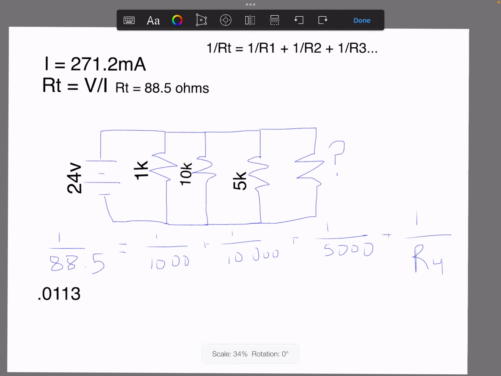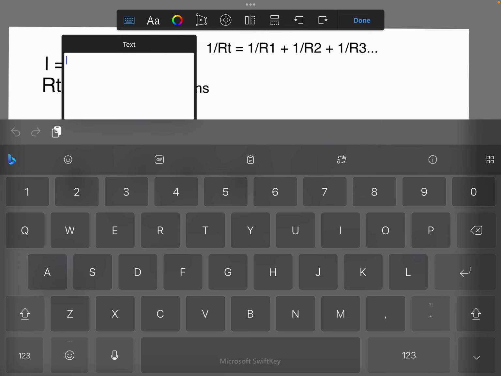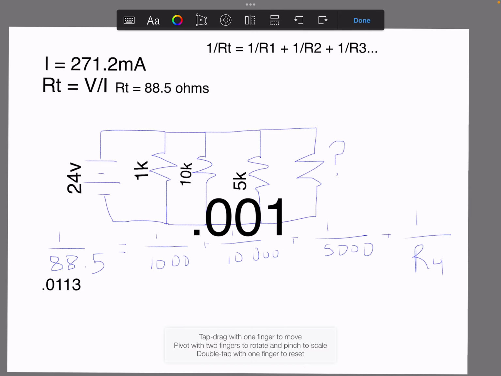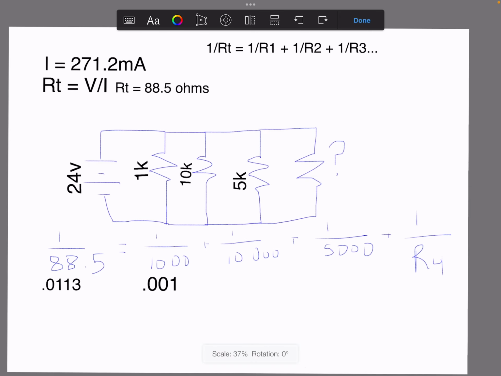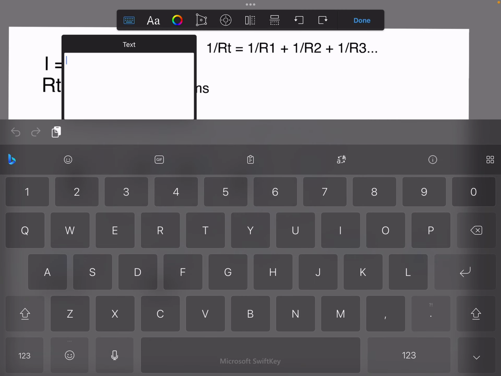So that's 0.0113. 1 divided by 1,000 is an easy one. That should be 0.001 because you're just moving the decimal place 3 places. Well, guess what? 1 divided by 10,000, that decimal place is just going to move again.